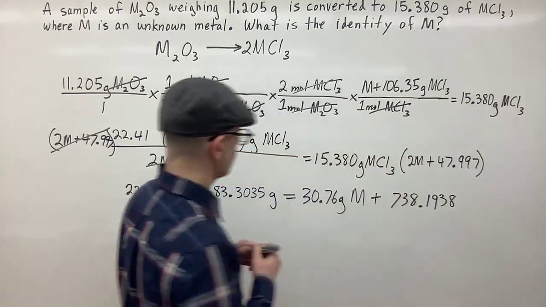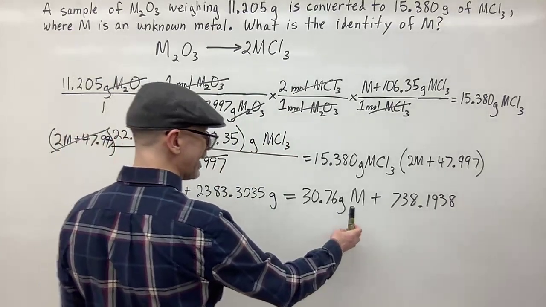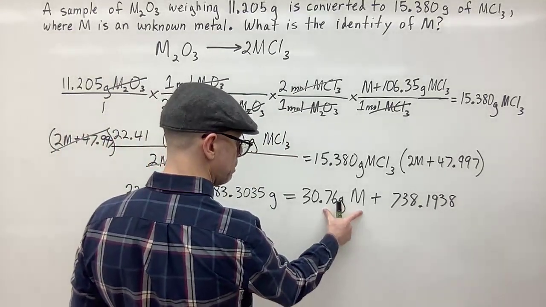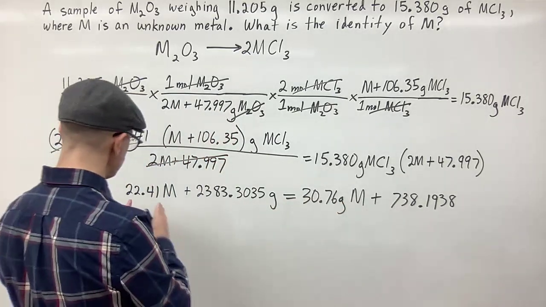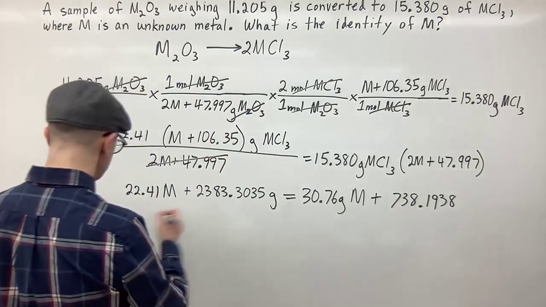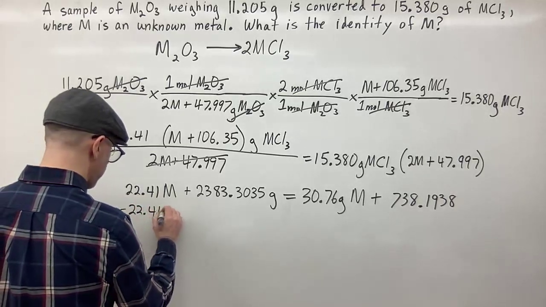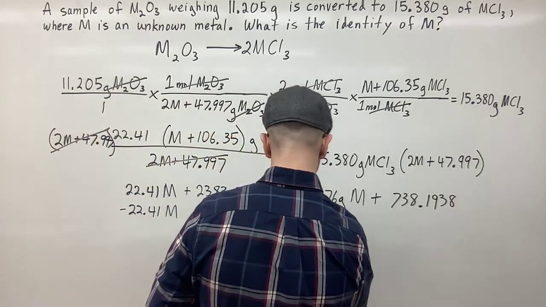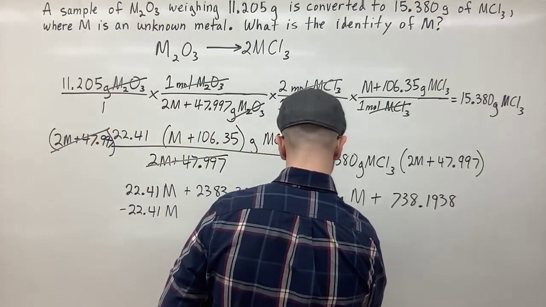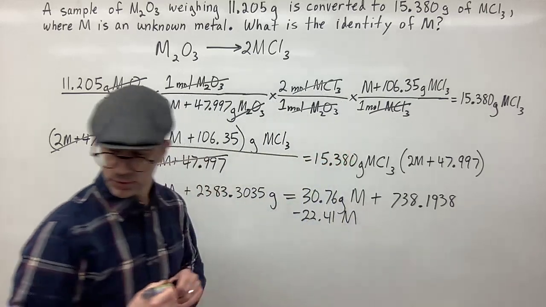Okay. And so now all I need to do is get the like terms together. So I have an M term here and an M term here. So I can subtract 22.41 M from both sides.